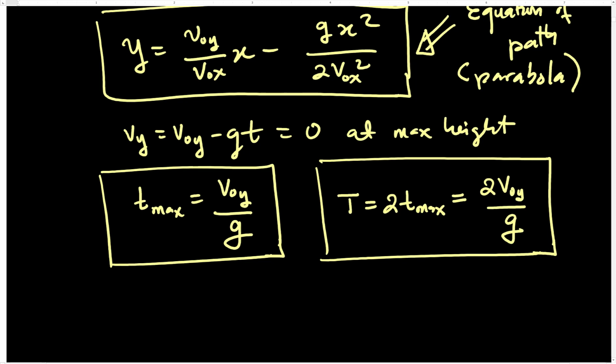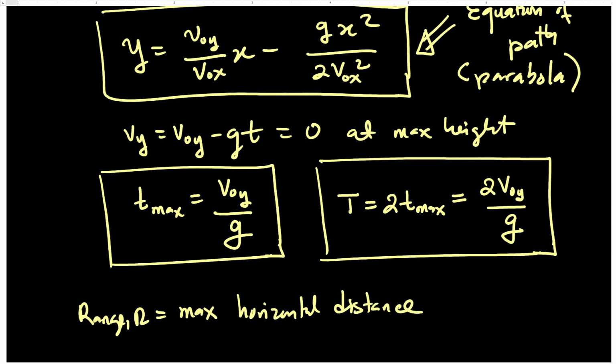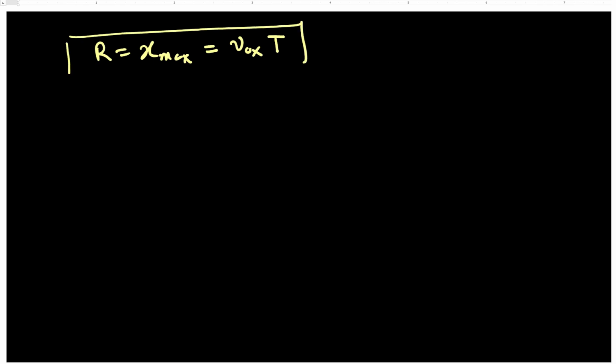Now, the horizontal range, R, is defined as the maximum horizontal distance. And if that is true, then R, which is equal to x max, is going to be equal to Vox multiplied by the time of flight.